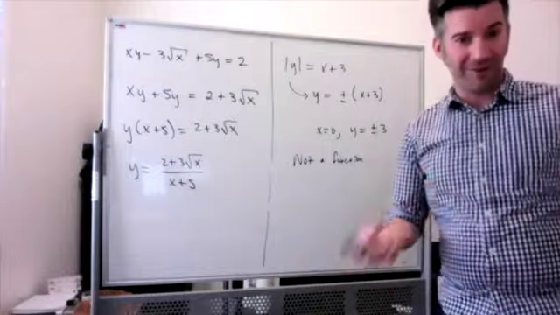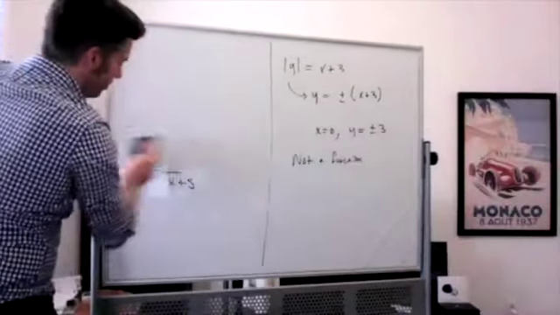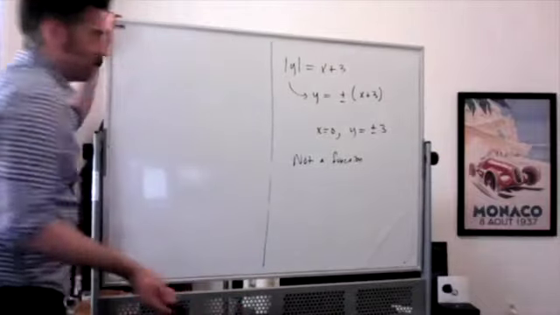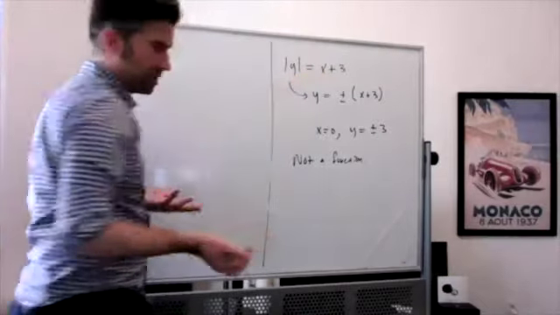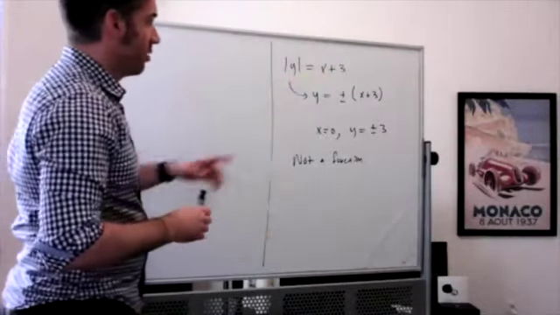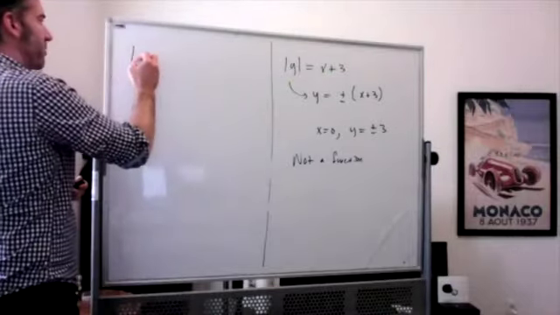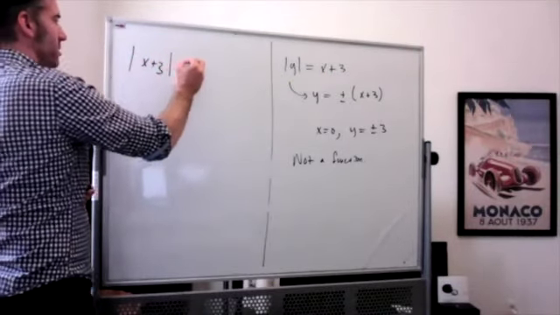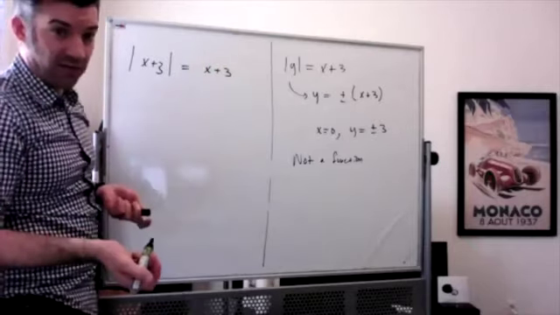So yes, you said all the correct things. But in general, what you're really saying here is that the absolute value of y is equal to x plus 3, which means y can equal that, because the absolute value of x plus 3 is equal to x plus 3, but y could also be the negative of that.